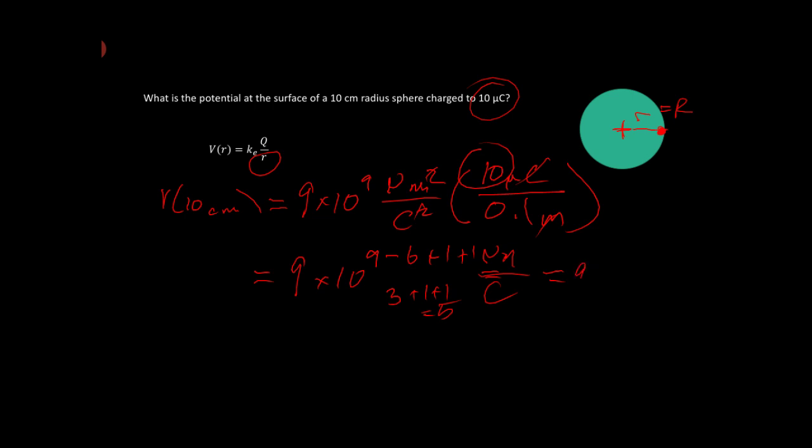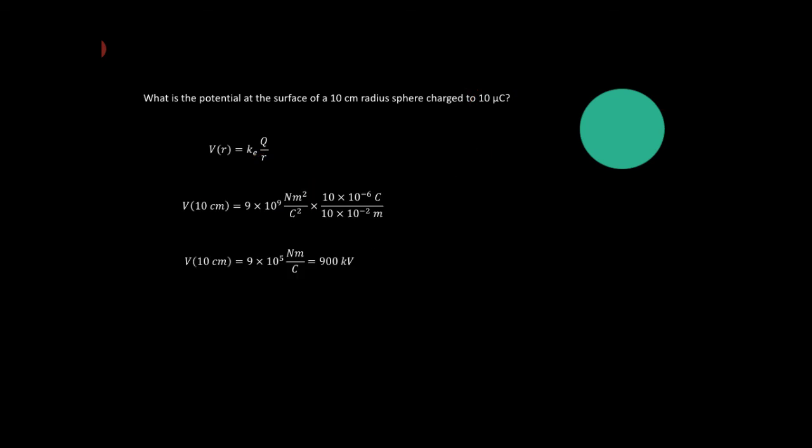So we have 900 times 10 to the 3 volts, which is 900 kilovolts. And that's what I got over here. So because right at this border and everywhere beyond the border, this is the same, this formula is always applicable for a spherically symmetric charge, we are able to use that.